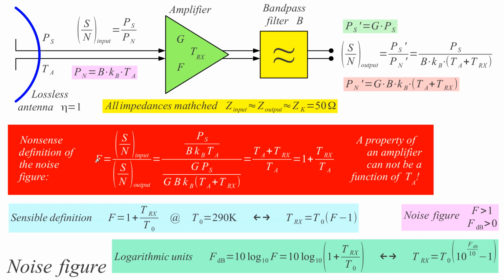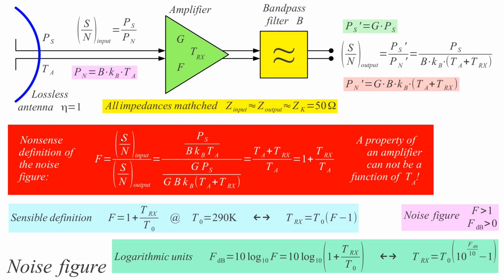So the noise figure is the degradation of the signal to noise ratio. We understand that at the input of an amplifier, we have a better signal to noise ratio, and this signal to noise ratio degrades at the amplifier output. If we now calculate this, at the input we only have the noise coming from the antenna, so we have only the temperature of the antenna, and at the output we have both the antenna and the receiver.